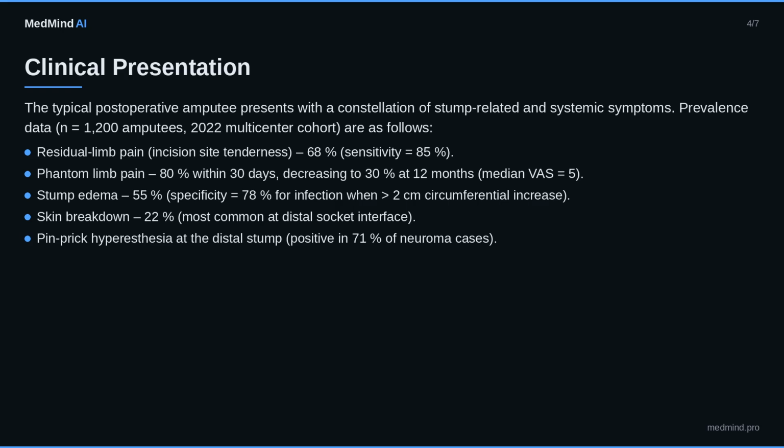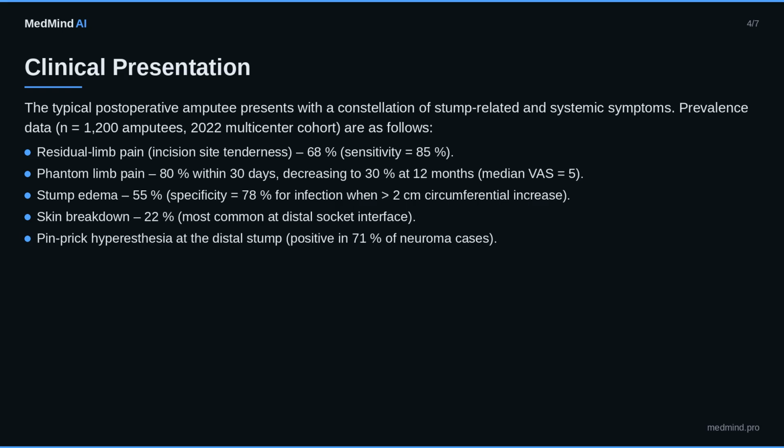Prevalence data, N equals 1,200 amputees, 2022 multicenter cohort, are as follows. Atypical presentations are frequent in elderly diabetics, who may report ischemic rest pain rather than overt infection, and in immunocompromised patients who may lack fever despite deep stump infection. Key points: residual limb pain, incision site tenderness 68%, sensitivity equals 85%.